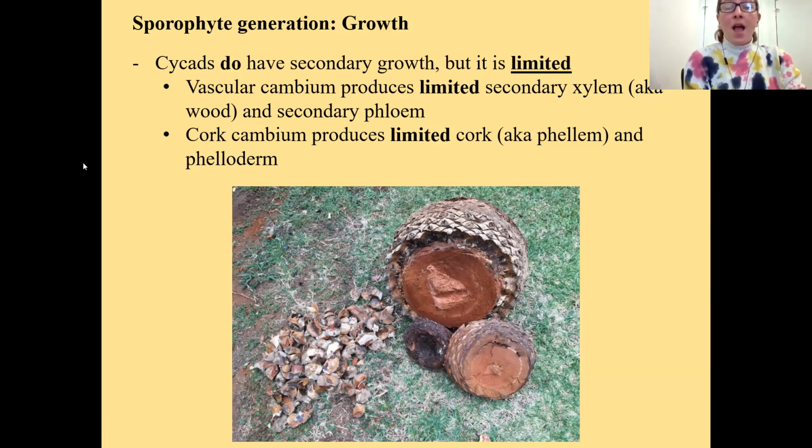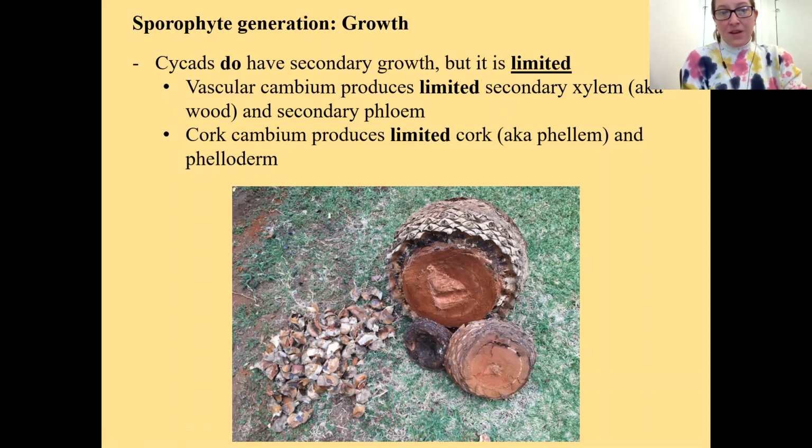It's made of wood. So if you were to chop down a cycad tree, the trunk is not super woody. It's not so dense. You wouldn't want to make a big house out of cycad wood because it's not super strong.